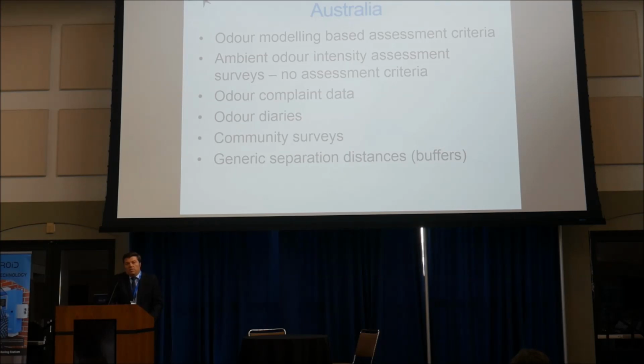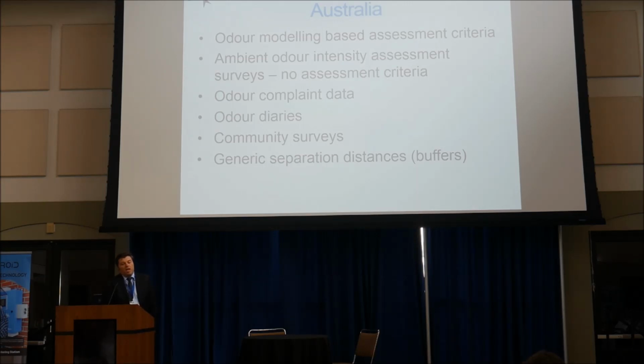Some of the odour assessment policy and guidelines, with Australia as an example, are mentioned here. Most of the policies are odour modelling based. They have criteria based on 2 odour units, 99.5th percentile, 1 hour or 3 minute average. They're all state-based policies, and every policy is different with different modelling criteria.